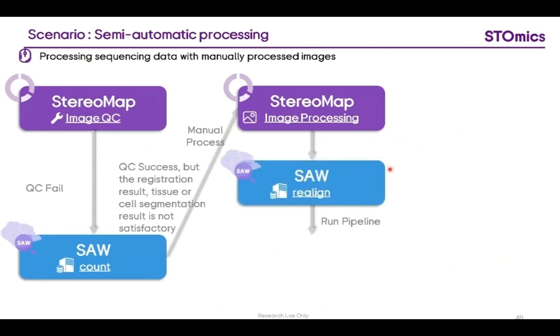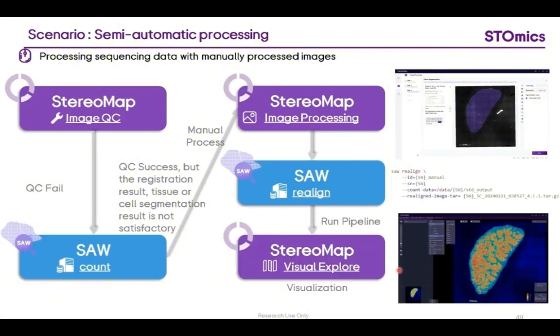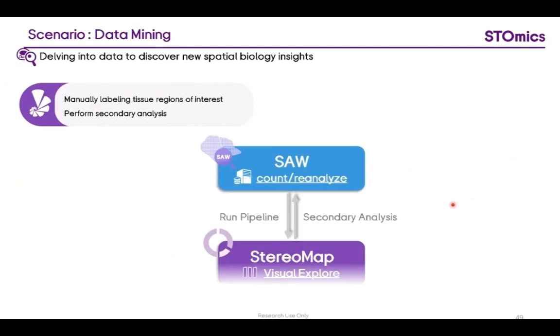After modifying the image, they input it into the SAW realign pipeline for reanalysis, and finally visualize the data in StereoMap. And sometimes StereoMap and SAW are combined for more in-depth exploration.